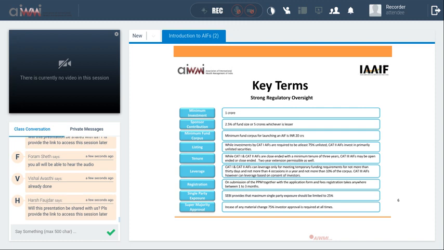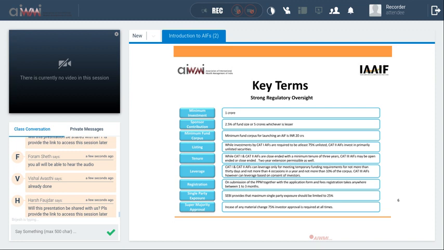Now, very briefly, what are the key terms for an AIF? Now, we're all aware of what these terms generally are for the mutual fund space. It's similar, as well as there are important differences. So I think the most important difference is AIFs have a very high investment threshold. So you require a 1 crore minimum investment size, investment ticket to invest in an AIF.